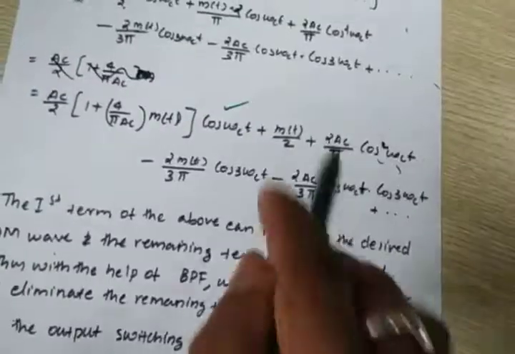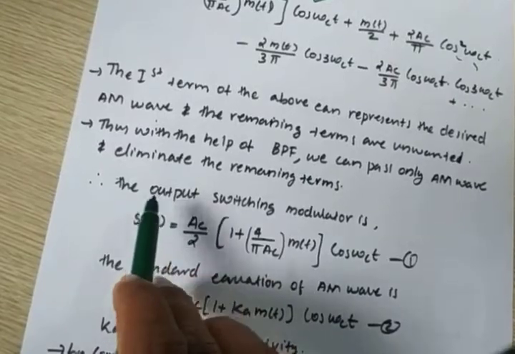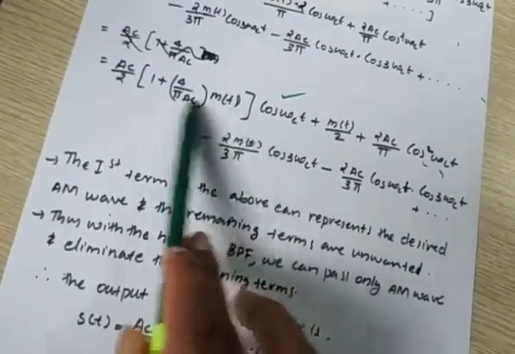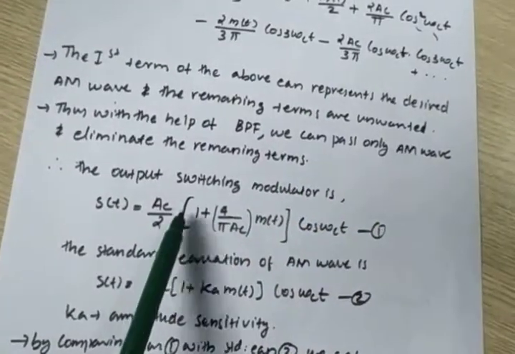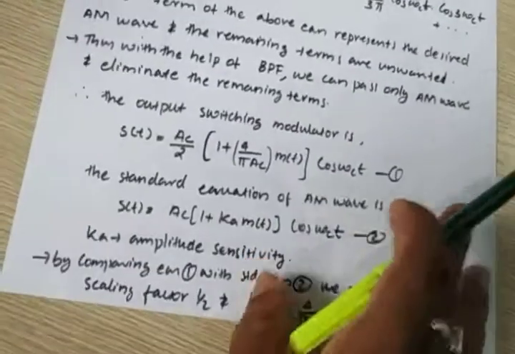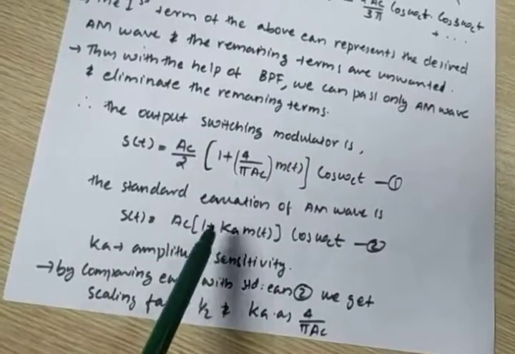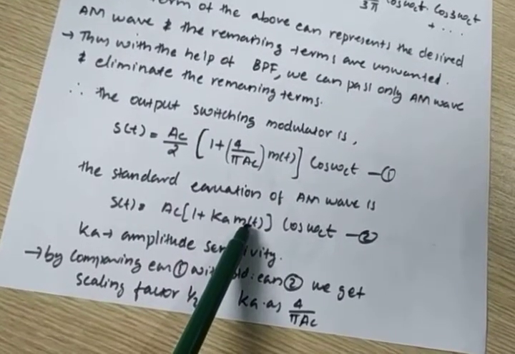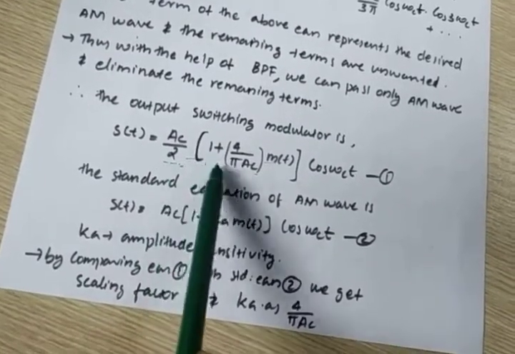Here DC only, so it will also not pass. So what we get at the output is this term only, because cos omega c t will pass: AC by 2 into 1 plus 4 by pi AC m of t cos omega c t. Compared to the standard equation, AC into 1 plus Ka m of t cos 2 pi fc t, we got the modulated signal from the switching modulator output.